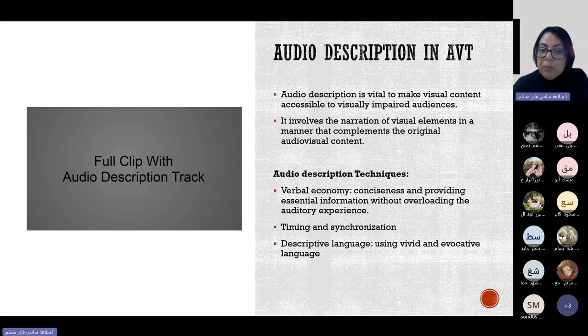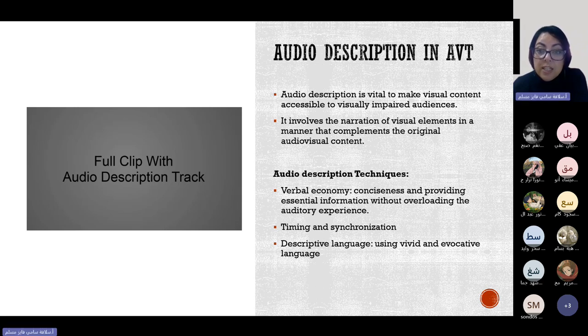So audio description has some techniques. It uses verbal economy, or it should use verbal economy. Excessive audio description is bad, and giving very little audio description is also very bad. So the translator needs to find a balance between giving a lot of information or sticking to very little information.